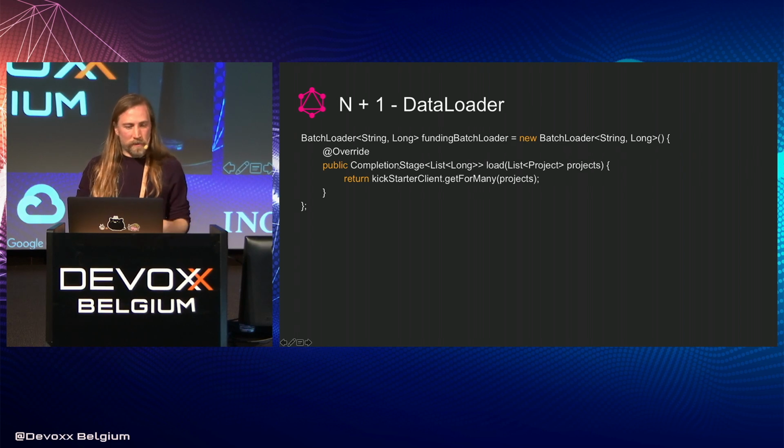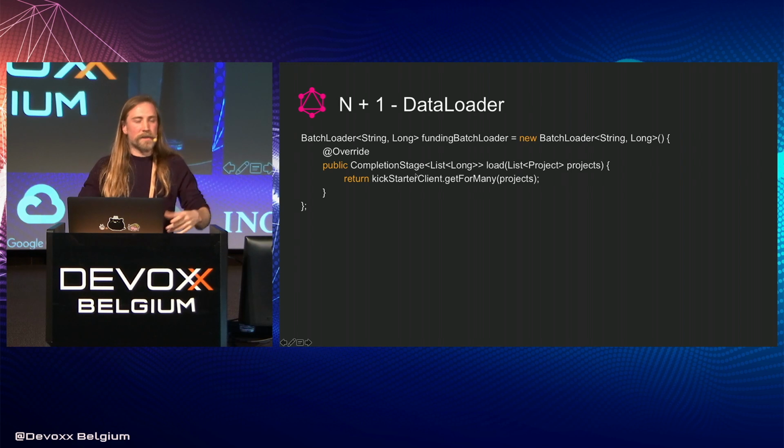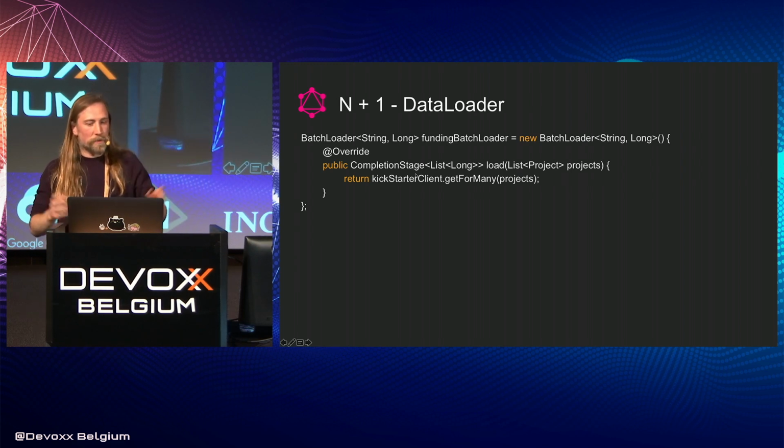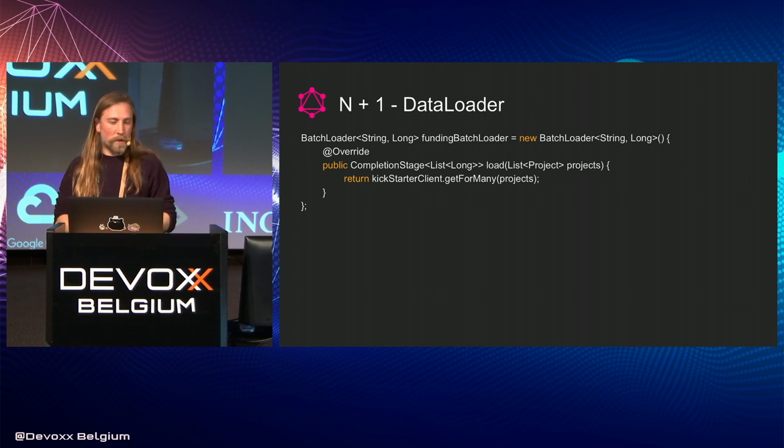It all works async, so with completable futures all over the place. So here you need to implement basically this logic. So how to get fundings for multiple projects. So imagine the Kickstarter client has a get-for-many method or something like that, where you give multiple project IDs and then fetch funding for all of them in one go.